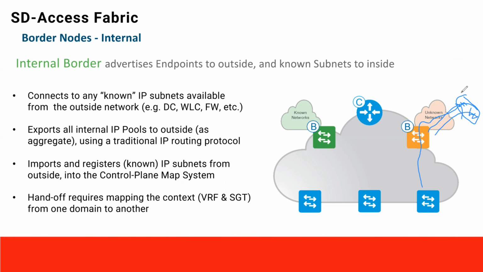But it again depends on the design, whether you are using this specific site with a dedicated internet link, or you are sending each and every traffic to the data center and then exiting via the data center. Depends. Okay. So basically, each campus should have both known and unknown networks, separate borders.